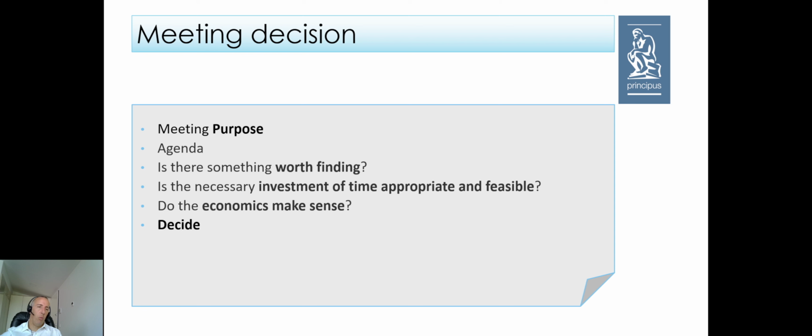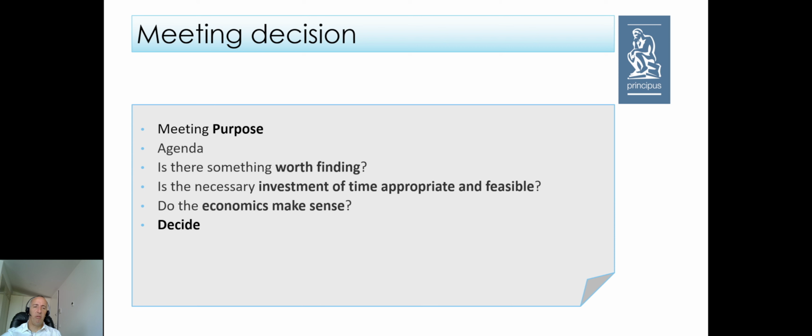You can check: what is the purpose of the meeting? What is the agenda? Is there something worth finding? Is the necessary investment of time appropriate and feasible? Do the economics make sense? And based on the answers you got, you need to make a decision for a meeting or no meeting.